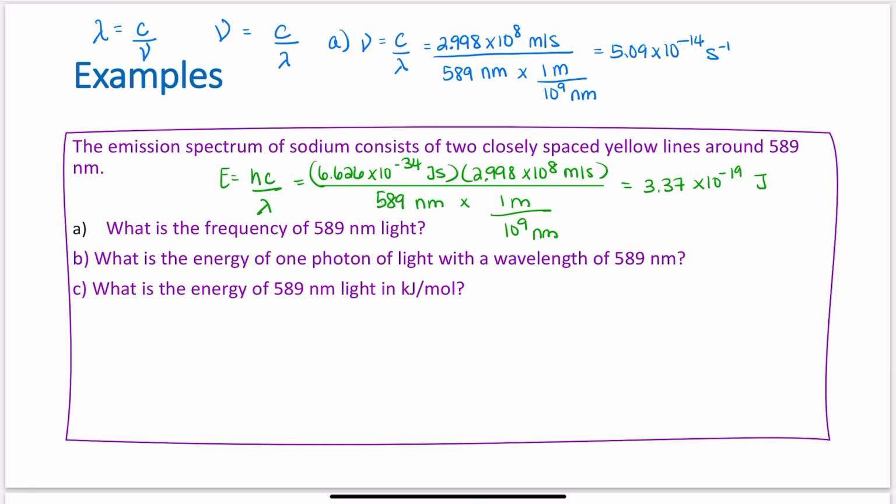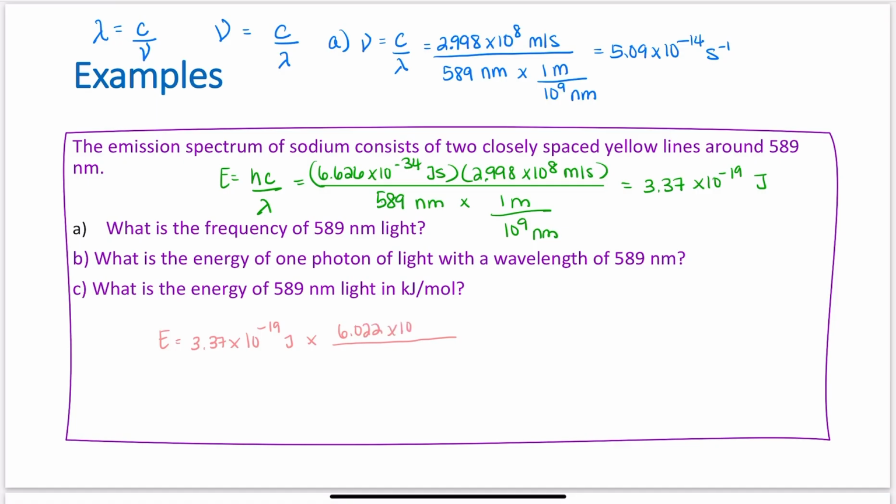And then it asks, what is the energy of 589 nanometers of light in the units of kilojoules per mole? So let's just convert that. I know I have 3.37 times 10 to the negative 19 joules of energy of 1 photon of light with a wavelength of 589 nanometers. So I'm going to convert that to units of kilojoules per mole.